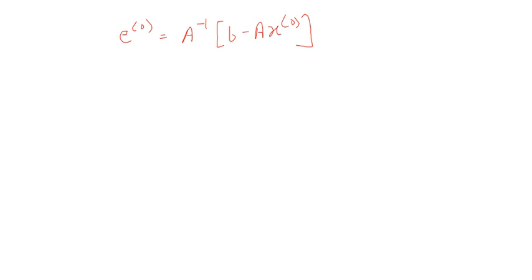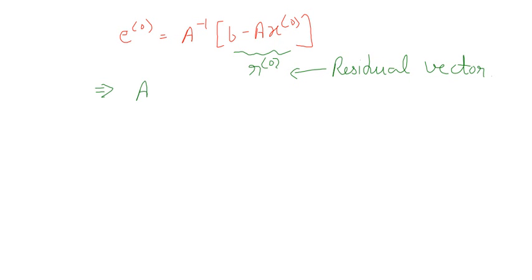If you recall, we have denoted this by R, and because it depends on superscript 0, we are also making it superscript 0. This is called the residual vector. So here you are solving AE0 equals R0.